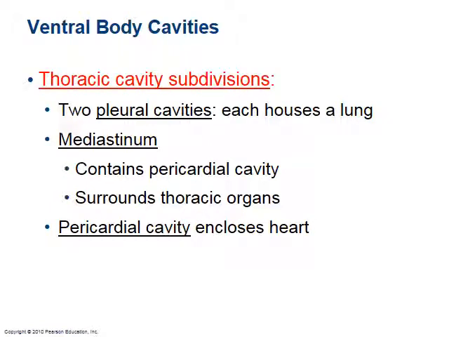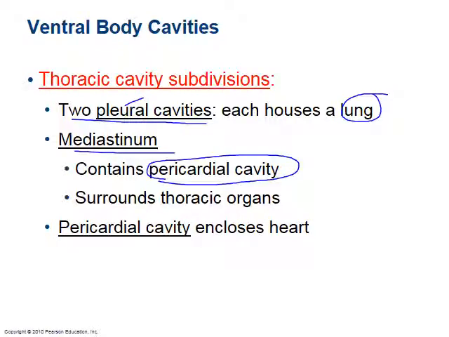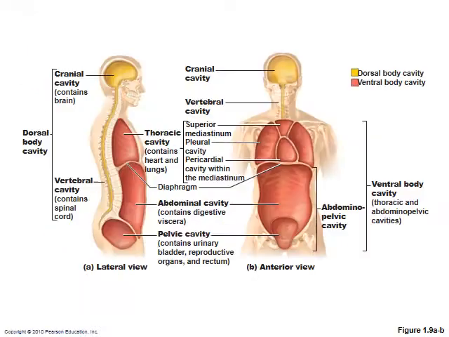Your thoracic cavity has two pleural cavities, and pleural means lung. You have a mediastinum, which contains the pericardial cavity, and then inside the pericardial cavity, you have your heart. The best way to look at this is all of this is your thoracic, but then I can break thoracic down.